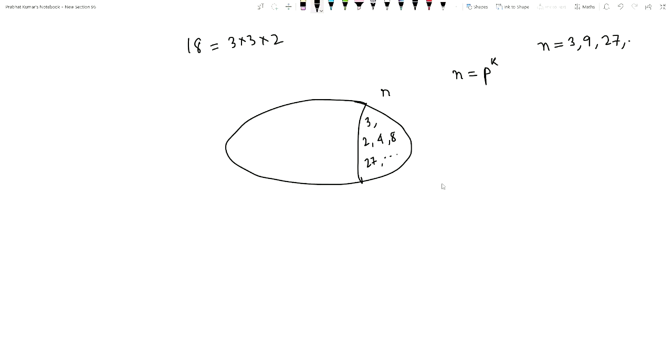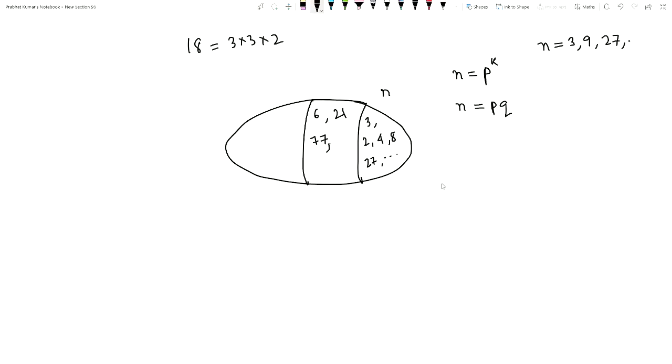Okay, so what other forms can a number take? n can be of this form also: a product of two natural numbers p and q, right? These are the numbers of the form pq, like 2 into 3 is 6, 7 into 3 is 21, and 7 into 11 is 77, right?